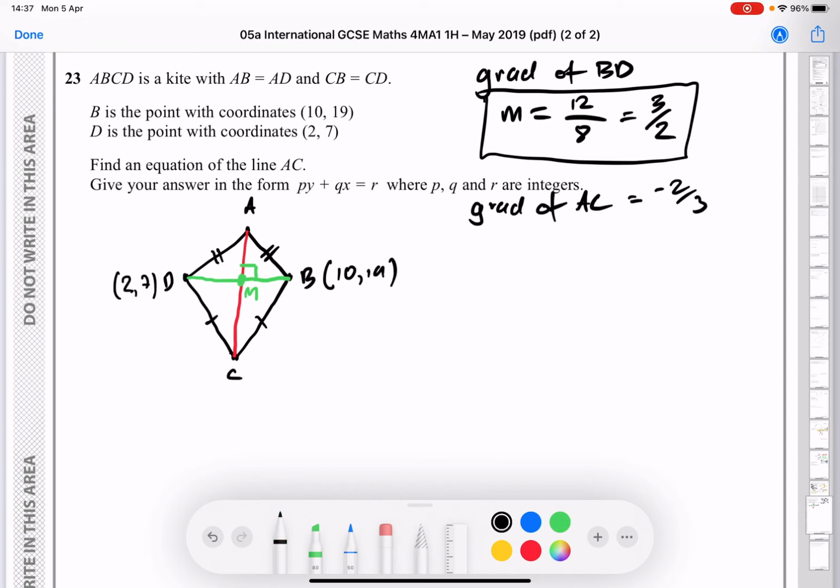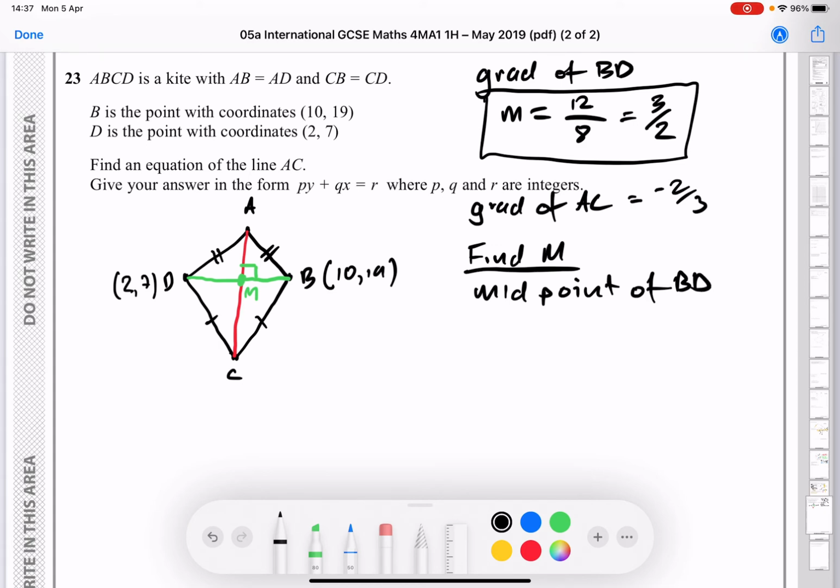Right, let's move on. It'd be helpful to know the point M. Well, point M is the midpoint of BD, it's in the middle of BD. So to find the middle, it's just halfway between.